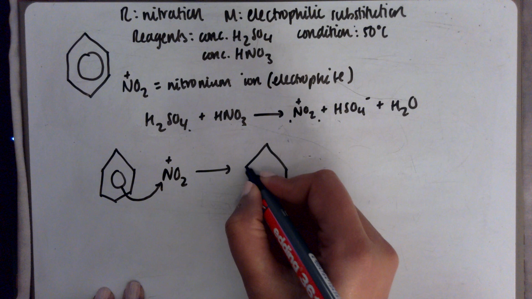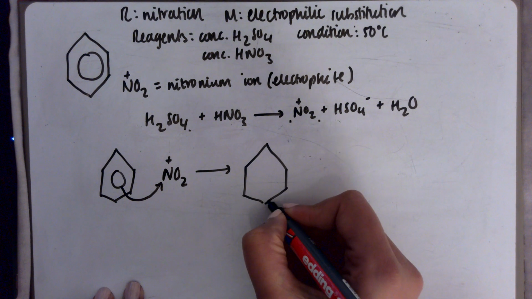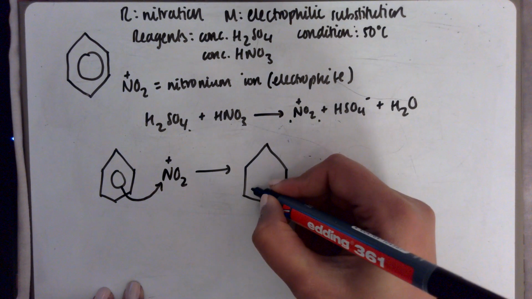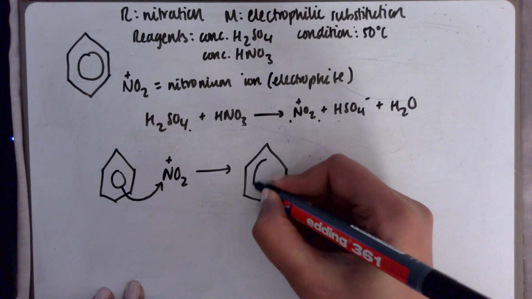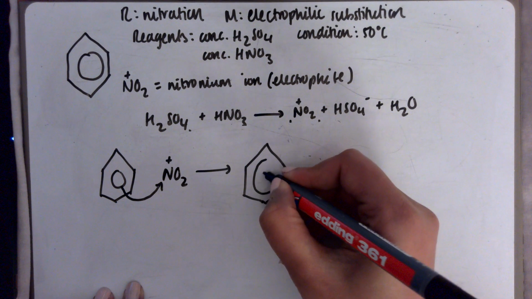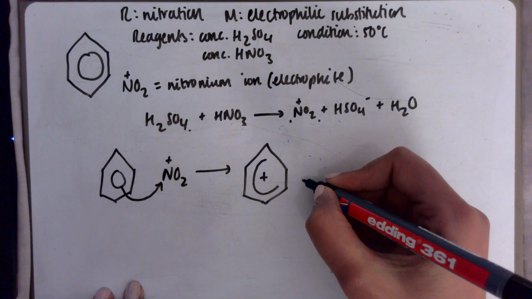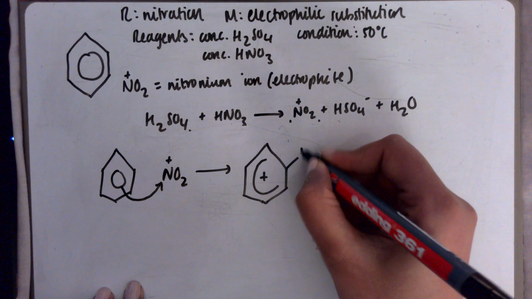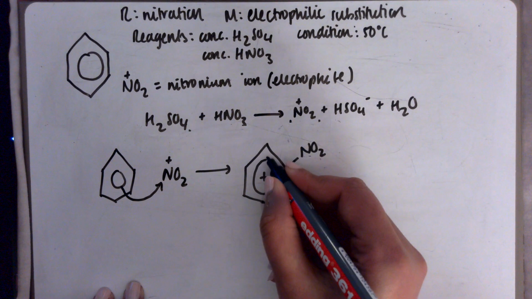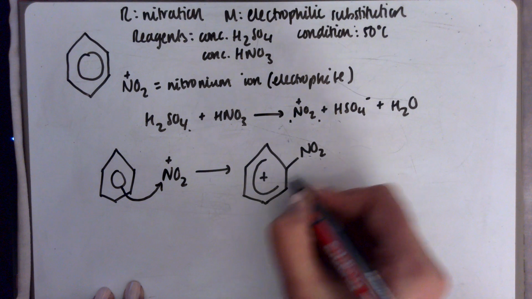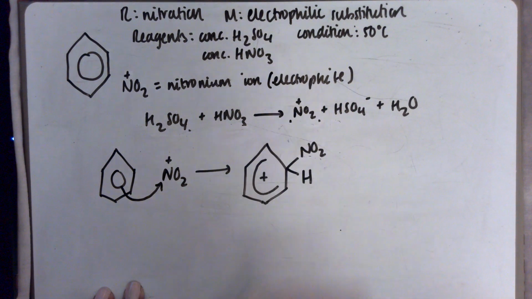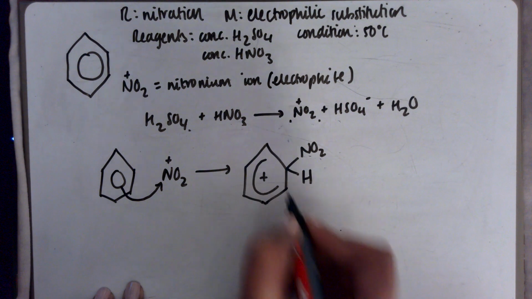Now that ring has attacked that nitronium ion, it's no longer as stable. Think about where I'm going to be putting that nitronium ion. It's going to be here, simply because of where I've drawn my horseshoe. I've now got the hydrogen.